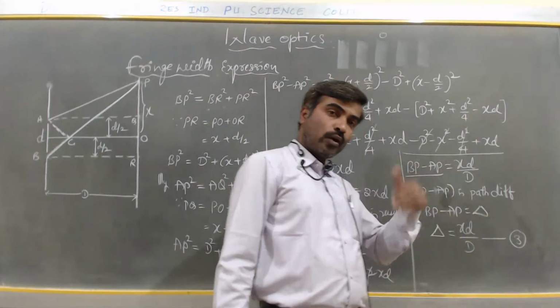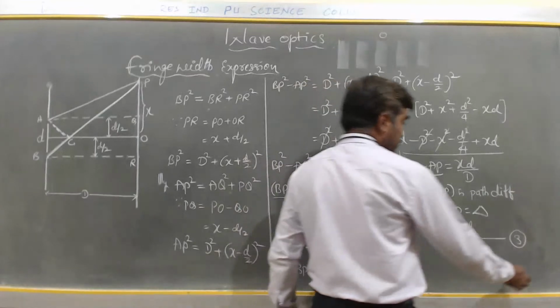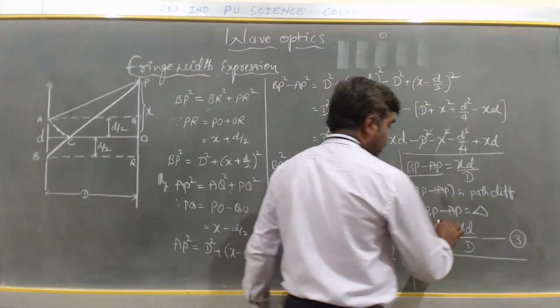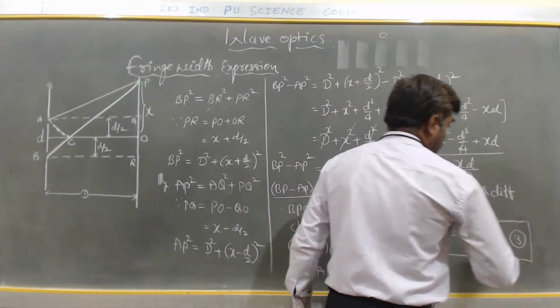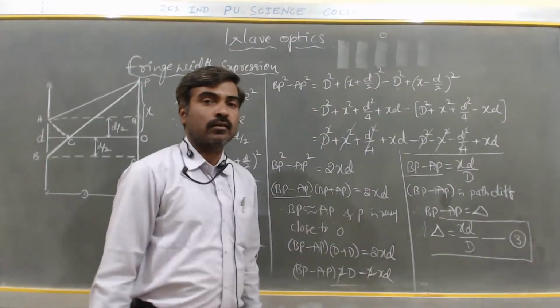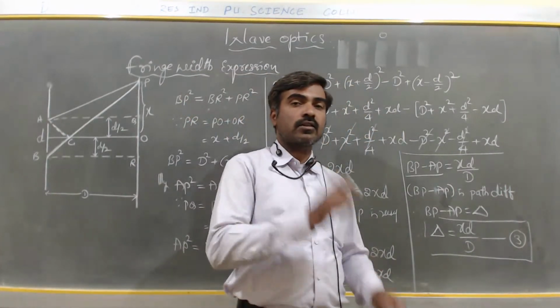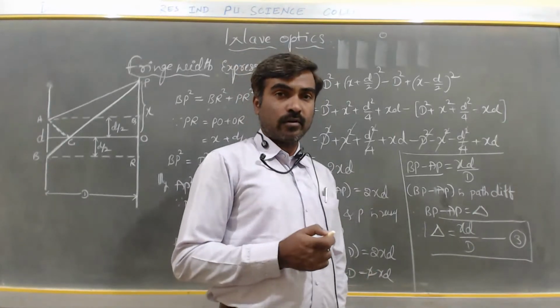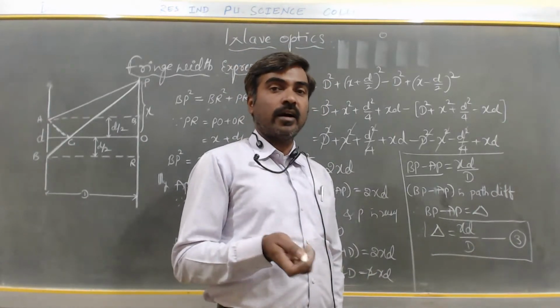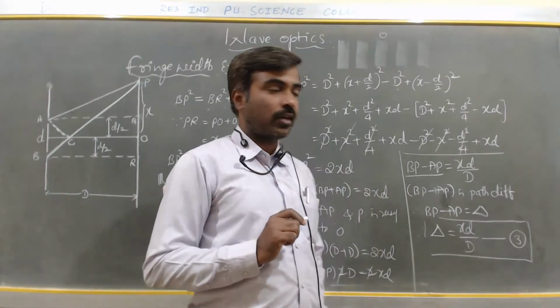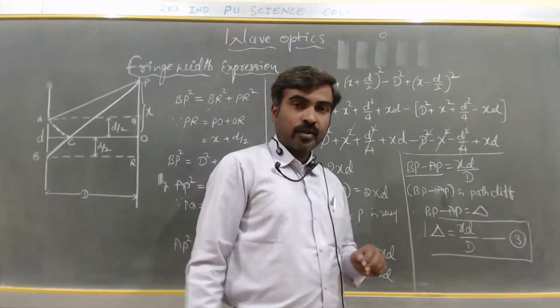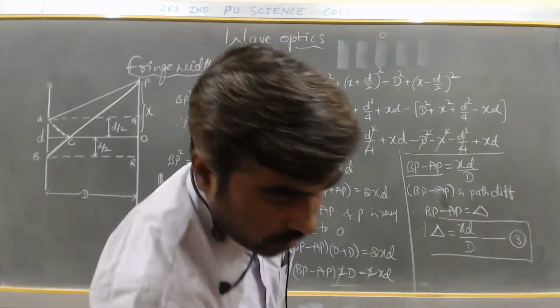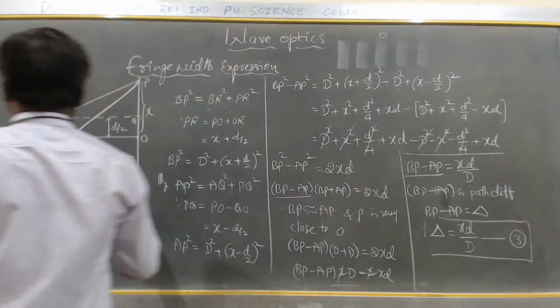Now we should take the help of equation 3 and substitute the conditions for constructive and destructive interference, I mean the conditions for bright fringe and dark fringe, in this equation. For that, I will rub a little of this diagram.